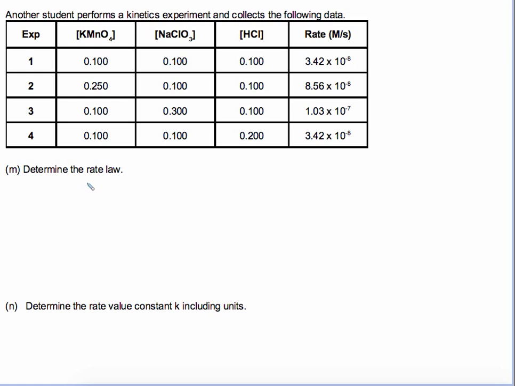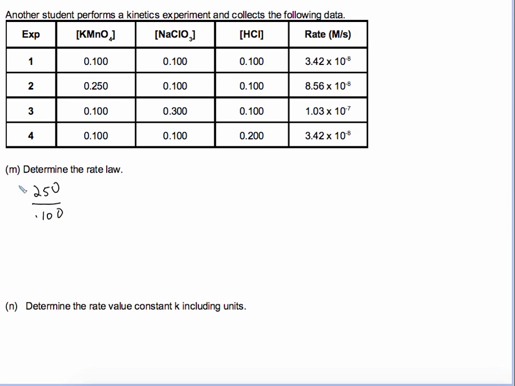Okay, next we have a kinetics problem. So we got to determine the rate law from this experimental data. How I would do it is just say, okay, find KMnO4, find where it's changing and the other ones are not. So trial 2 and 1 would be great.